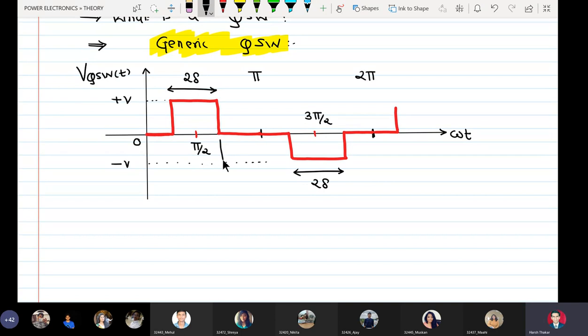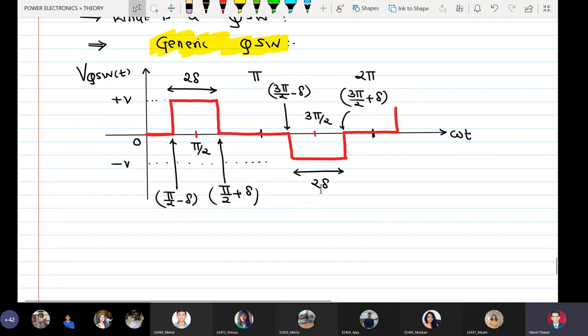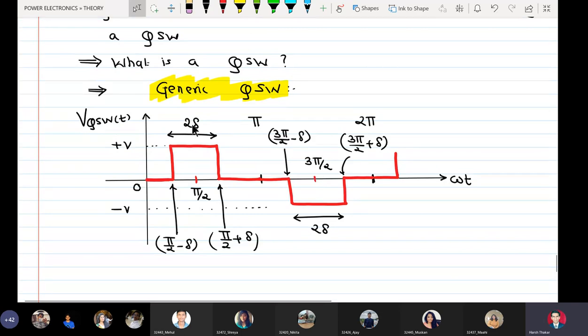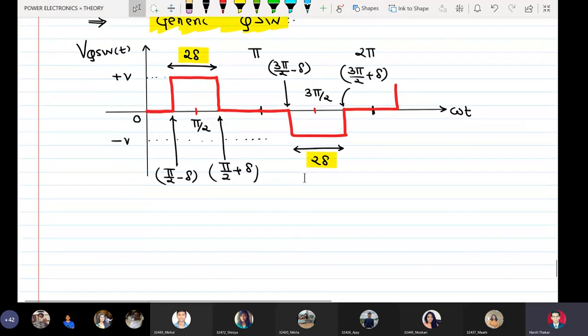What are the timing instants here? This instant is pi by 2 minus delta, and this instant is pi by 2 plus delta. Similarly, this instant is 3 pi by 2 minus delta, and this instant is 3 pi by 2 plus delta. So I can now conclude that a generic Cauchy square wave has a pulse width of 2 delta both above and below the x-axis.